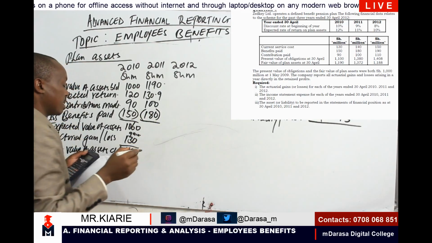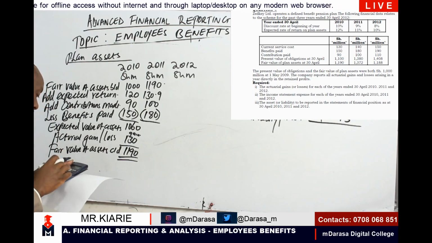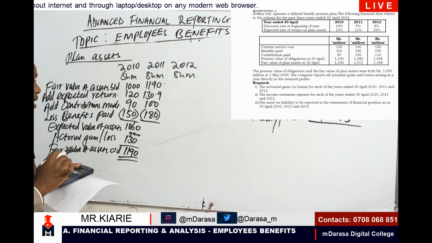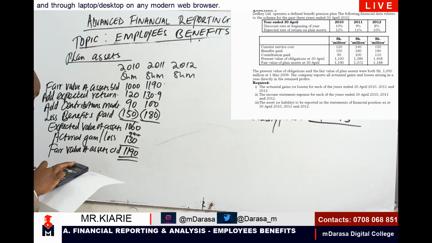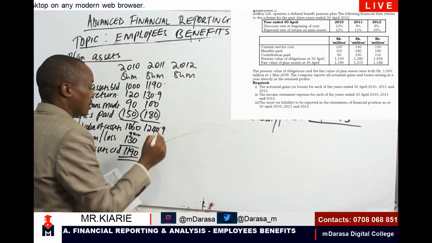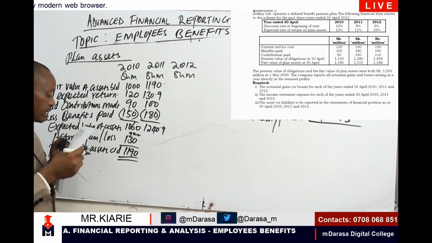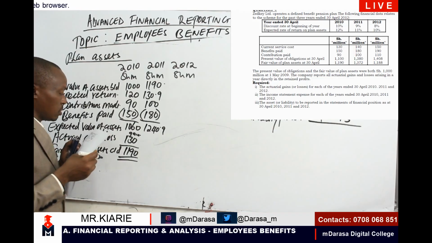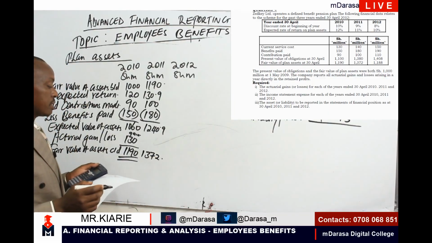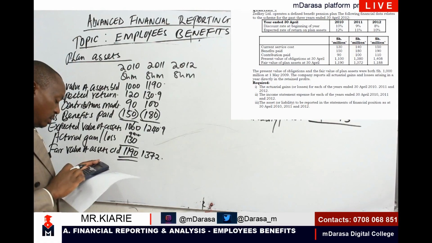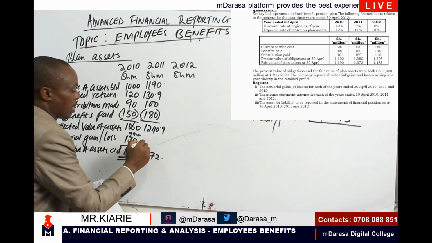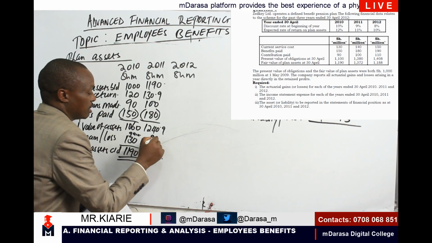To get the expected value of the asset, I add 1190 plus 130.9 plus 100 minus 180. I get 1240.9. And I know that the fair value of plan assets carried down in 2011 was 1372. Therefore, there was an actuarial gain again of the difference, which is 131.1. Again, it is a gain.